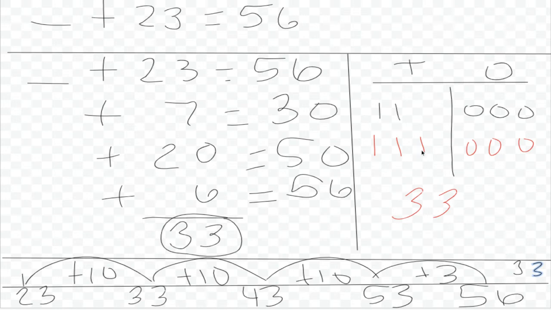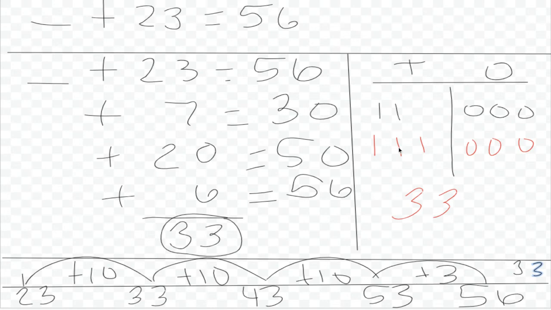Well, I went over here and I decided to solve by adding up base 10 models. Here in black, I started with 23 because that's the partner that I do know. And I decided to add up. I added another 10 here, which would give me 33.